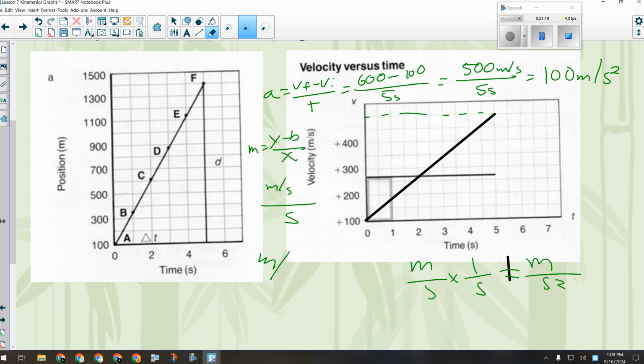That's going to get me meters per second squared. Those are the units for acceleration. So the slope of this graph is acceleration. That's graphical analysis. That's a skill we want you to have, versus having to memorize that on a velocity time graph the slope is acceleration, the area under the line is displacement, and something else I don't remember. I don't want you to be there. Use the tools instead.